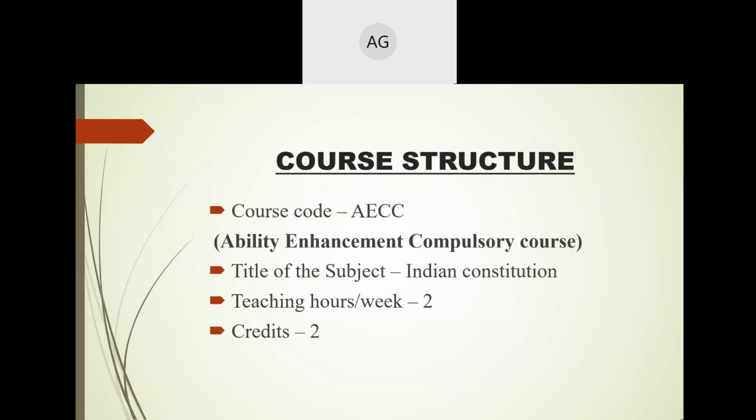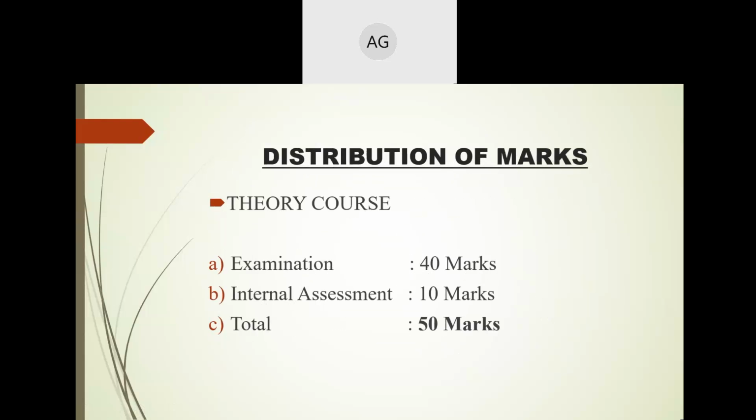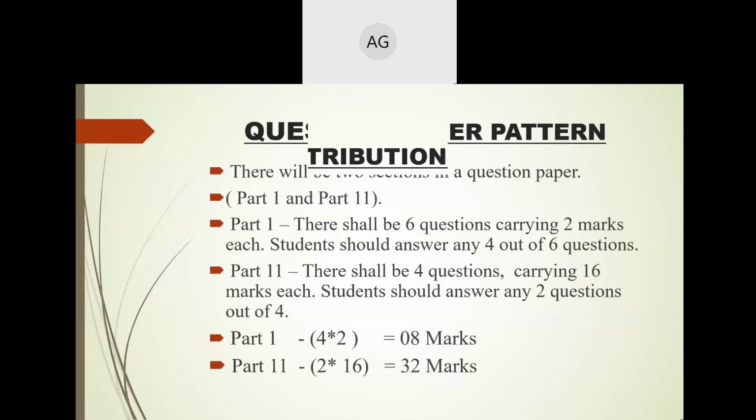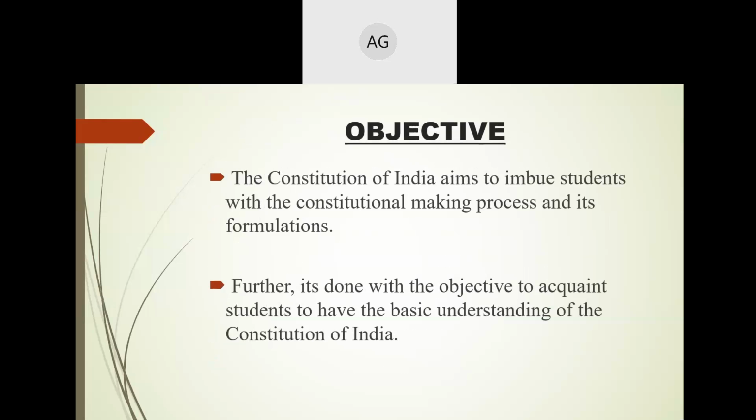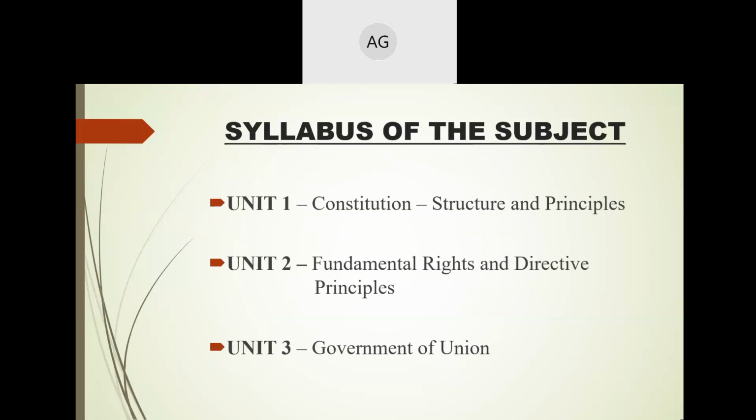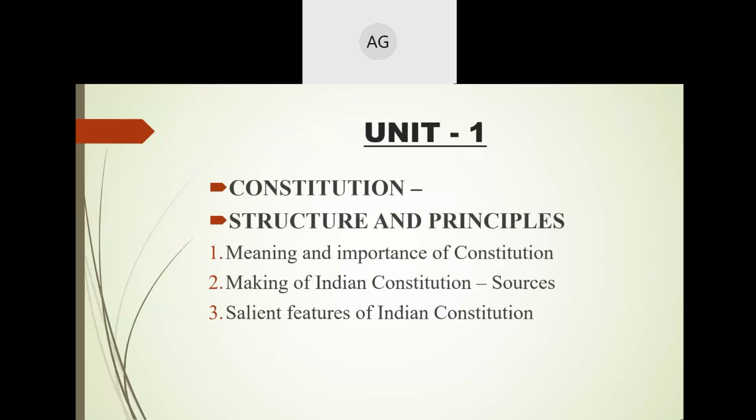It is a 2-credit subject, wherein the examination would be conducted for 40 marks and internal assessment for 10 marks, totally carrying 50 marks. I spoke about the question paper pattern, and I won't repeat it again. I also spoke about the objective of the university in prescribing this subject, the syllabus, which carries 3 units, and the contents of the subject.